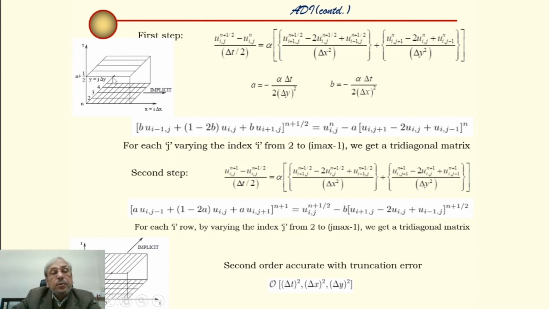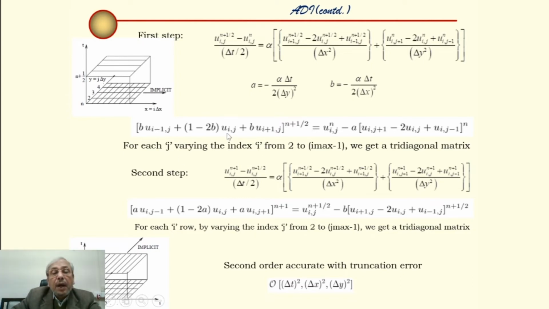Why have we written 2 to I max minus 1? Because when we write u2j, this will be u1j and this will be u3j. So u1j will be the boundary condition.